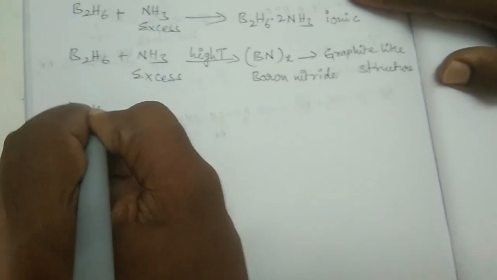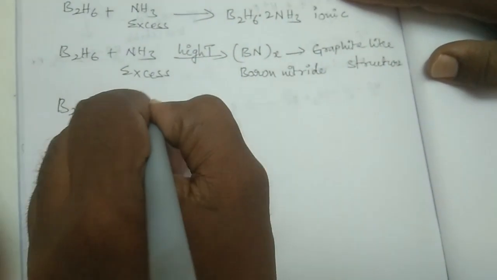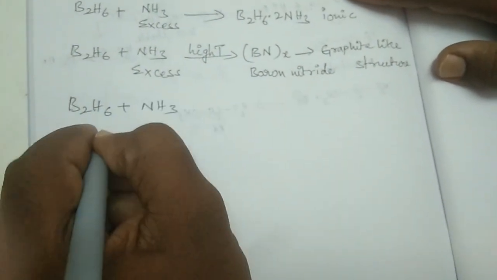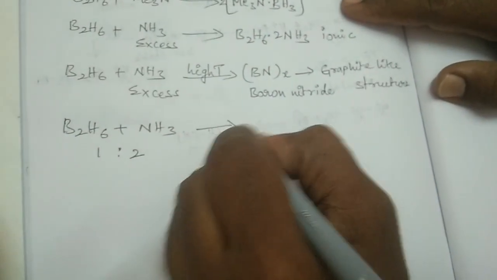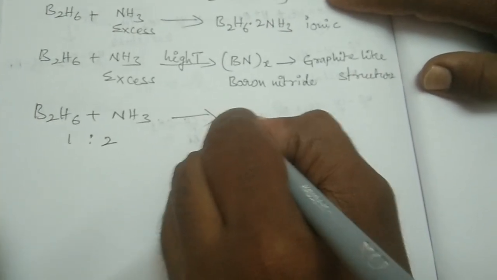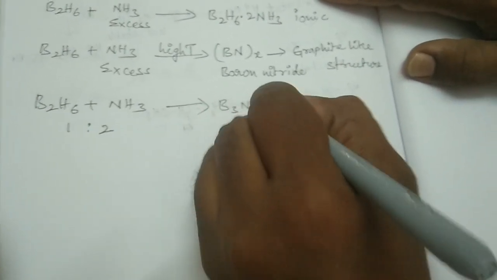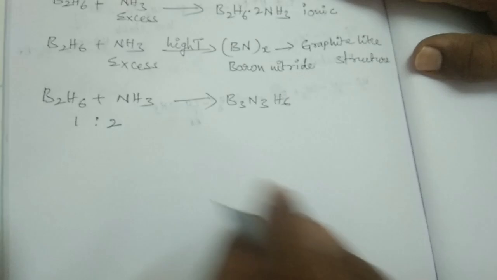Diborane reacts with ammonia in a 1:2 ratio. It forms borazine, B3N3H6.